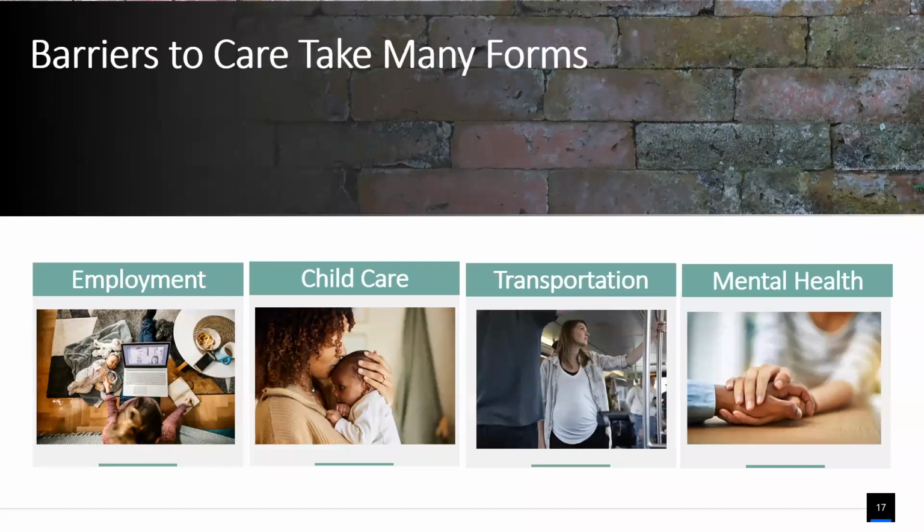Now, barriers, as we mentioned earlier, can take many different forms. We talked about employment, childcare, and transportation, but there's also mental health to consider, because the mental health crisis is a growing problem throughout all age populations, but especially in the younger population and people of childbearing age. And how do we reduce that anxiety?